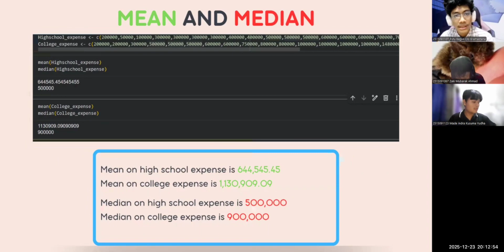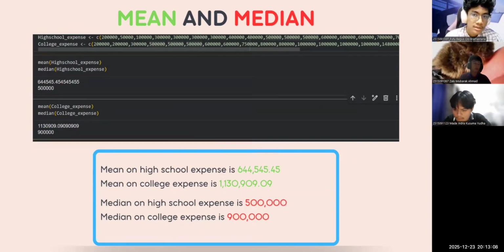With this kind of group, we need to find the mean and median of high school expenses and college expenses. On the mean, high school expenses is 644.545, and the mean on college expenses is 1.130.909.